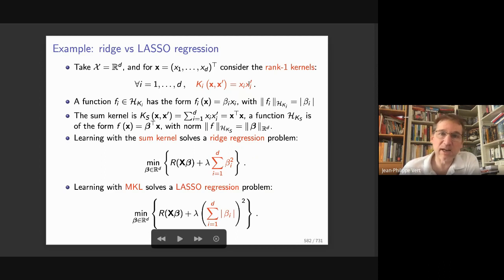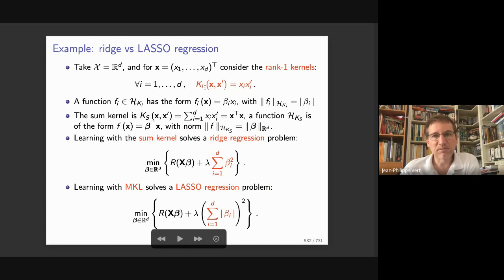Then I let you do the computation by yourself, which is basically written here. But in that case, you can show that doing the sum kernel is equivalent to doing ridge regression, right? When you sum the kernels, it means that the kernel is the sum of x_i x_i prime, so it's just the standard inner product. And so when you do kernel ridge regression with the standard inner product, you get ridge regression.